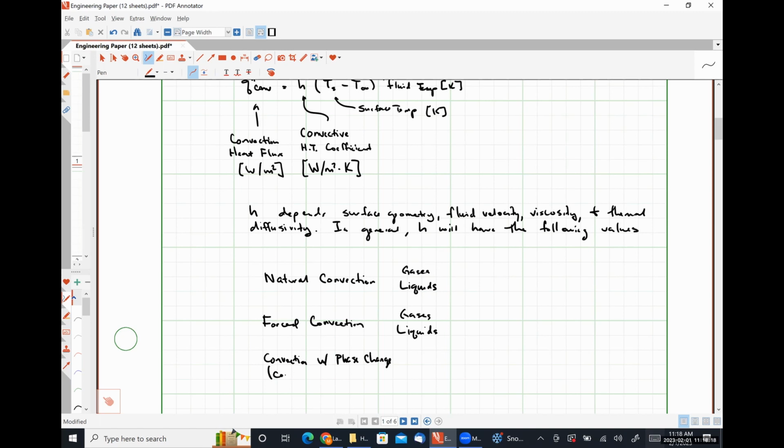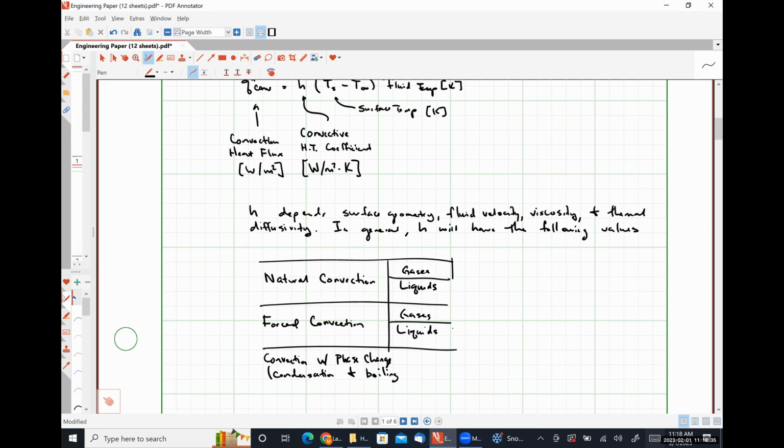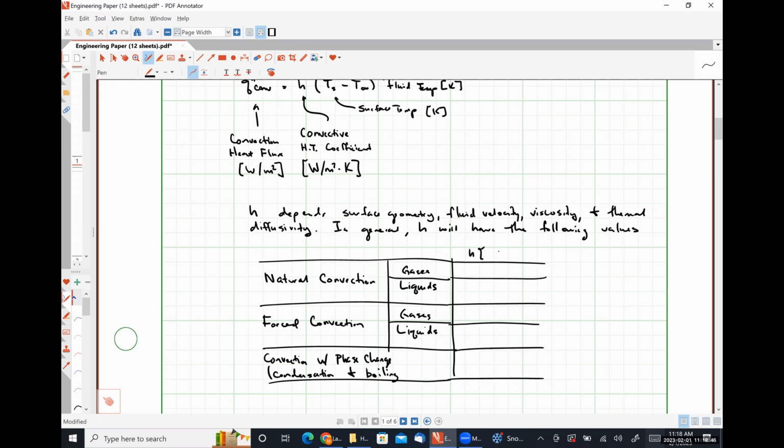So condensation and boiling. And then over here to the right, we'll have our H values measured again in watts per meter squared times Kelvin.